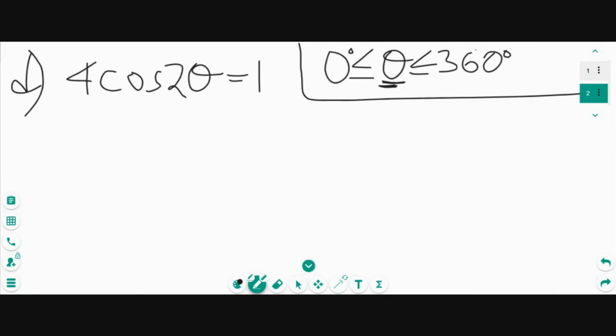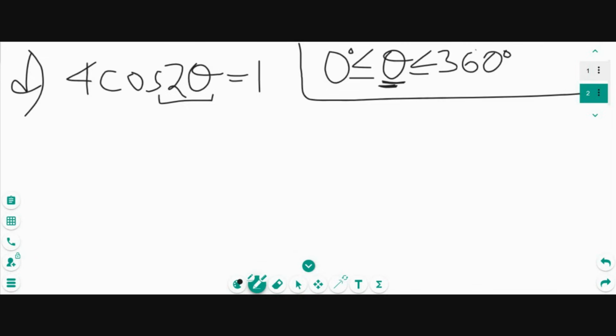All the examples we've been doing have theta. Now this one does not have theta. It has 2 theta. So the question and the range are not obviously direct. It means I have to do something. I will, most likely, change my range a bit.